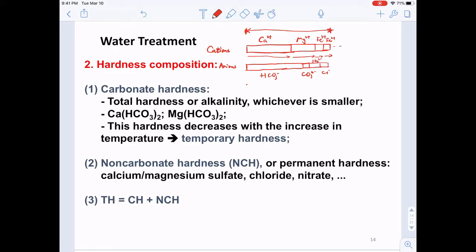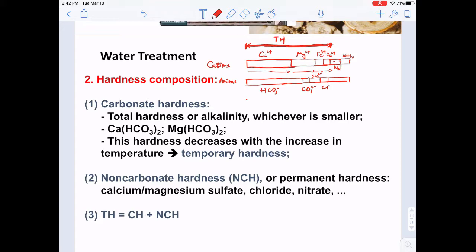So we have also mentioned that for cations, there are not only these polyvalent ions, right? There can also be some sodium ions. There can be a much higher concentration of sodium ions. There can be ammonia or ammonium ions, right? And maybe here there can be some other types of ions. Okay, so you can see that this length represents the total hardness, or the TH.